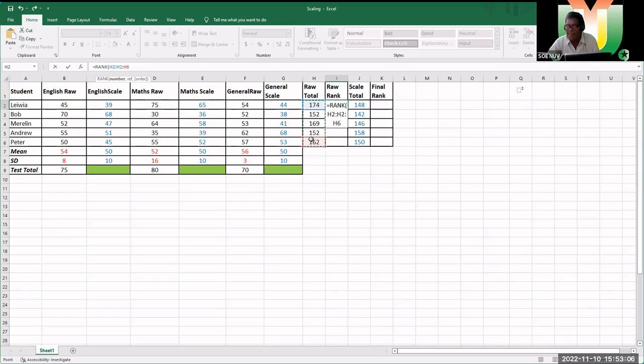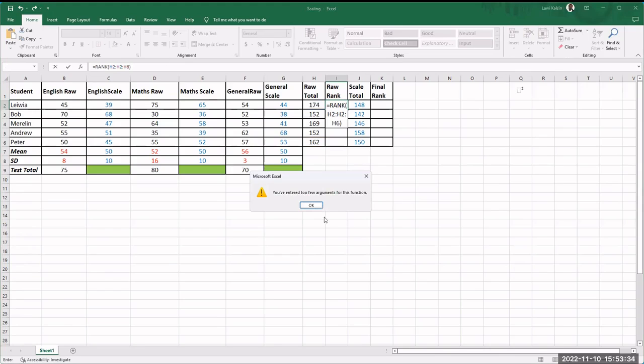Okay, highlight to the last score, and then you close your bracket. So now you have in your formula H2, and then H2 again versus H2 to H6. Okay, so the value of H2 is now compared to the scores from H2 to H6. Okay, and you close your bracket, and then you enter.